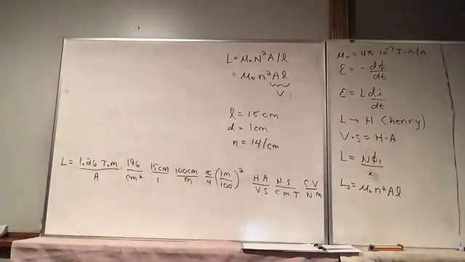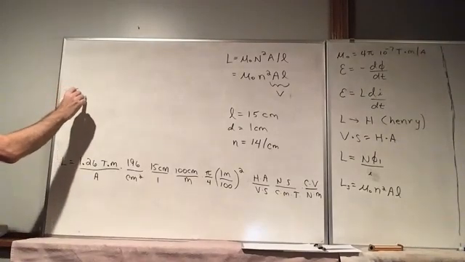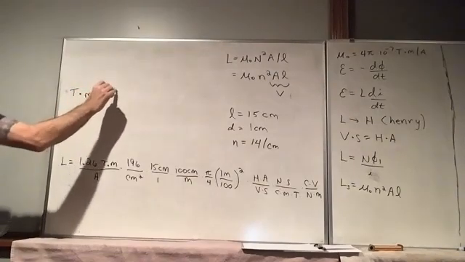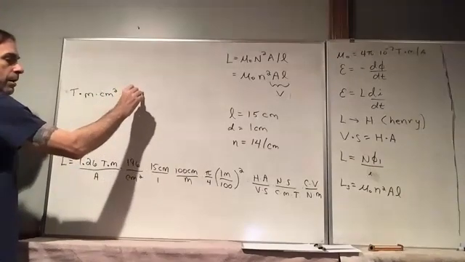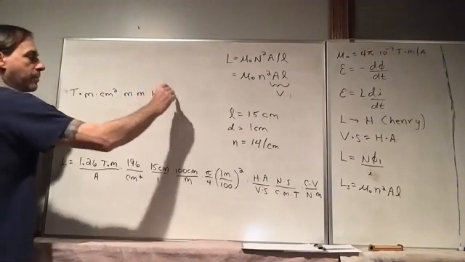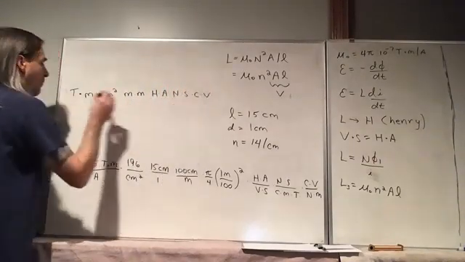So let's just check the units and see if this is going to work out. I can do that up here. Teslas times meters, centimeters squared, meters squared, henries, amps, Newtons, seconds, coulombs, and volts.